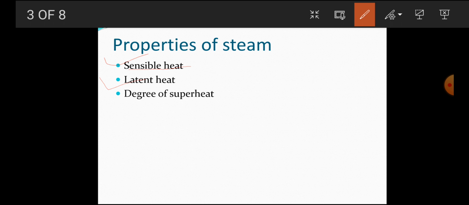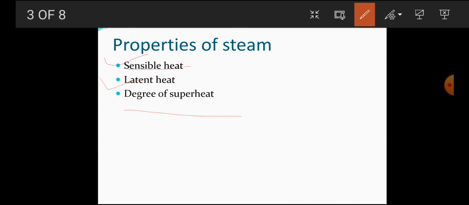Then the next definition is degree of superheat. If we further add heat at constant pressure, the steam becomes superheated. So after becoming steam, we are adding more heat, and the temperature of the superheated steam will increase.